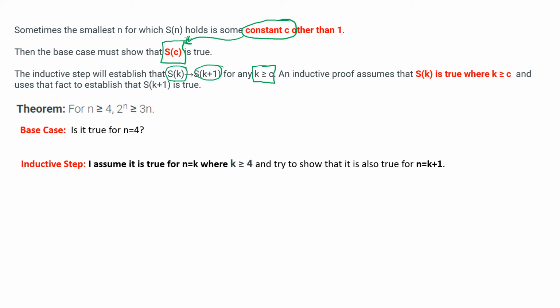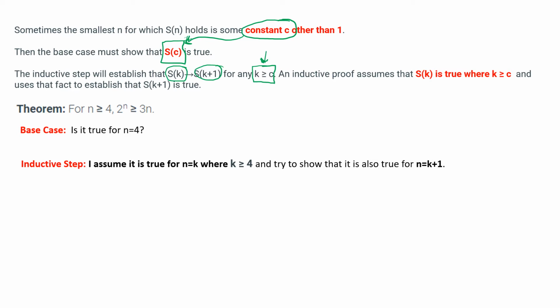So we always have to double check. We always know that we're assuming it's true for k, as long as k is greater than or equal to c. Then we have to prove it's true for k plus 1. So an inductive proof assumes that S of k is true where k is greater than or equal to c, and then uses that fact to establish that S of k plus 1 is true.